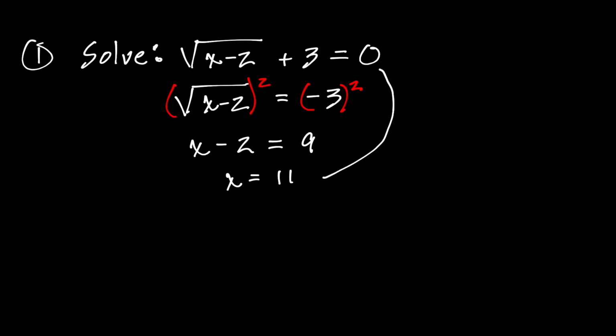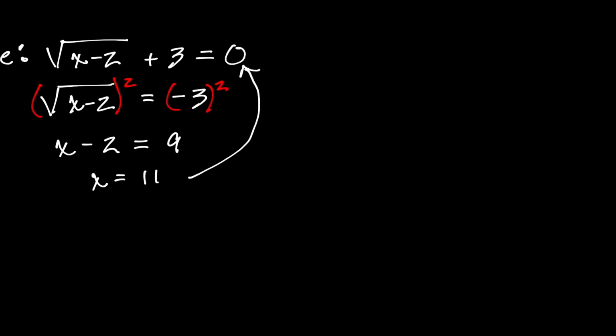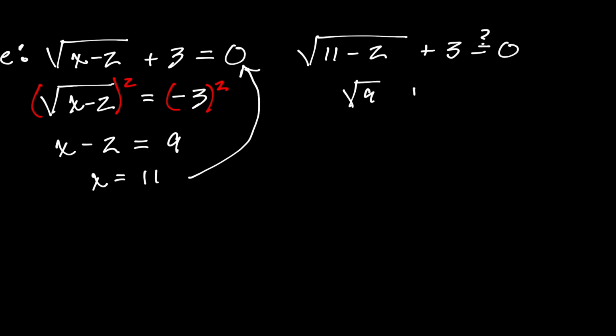However, let's come back up here and substitute. When I substitute 11 in place of x, 11 minus 2 plus 3, does that equal 0? Well, 11 minus 2 is 9, and the square root of 9 is 3.